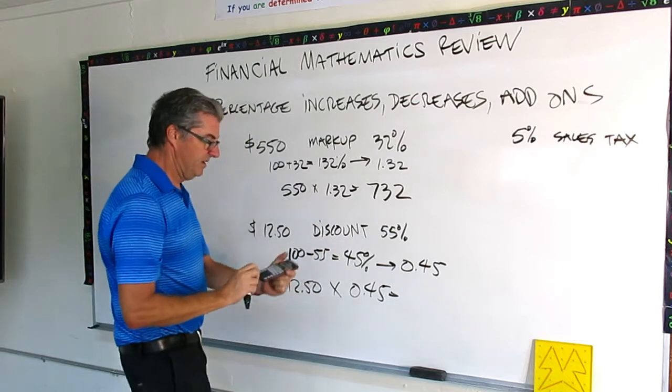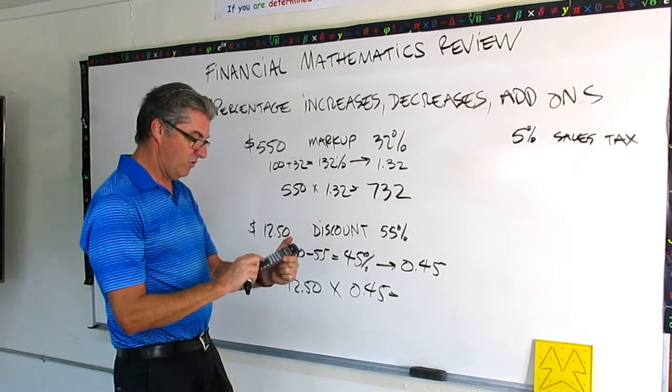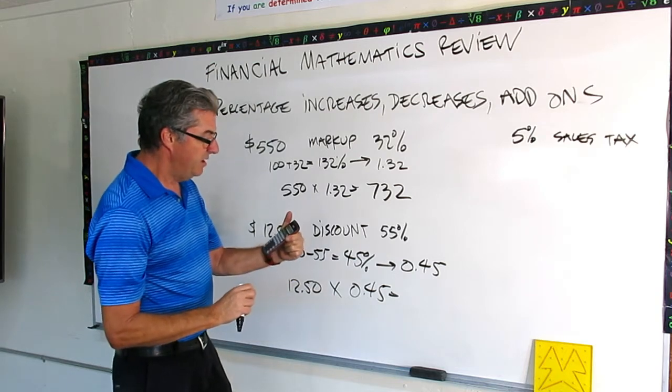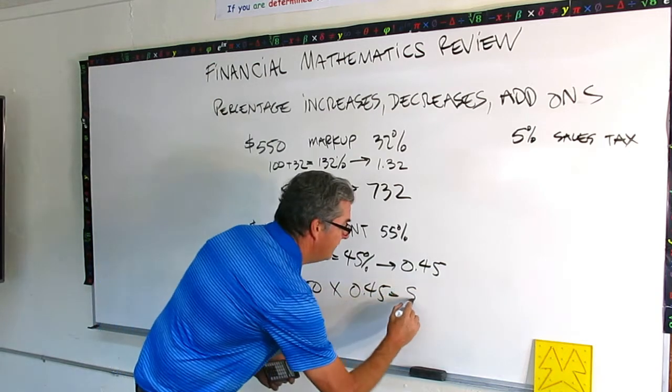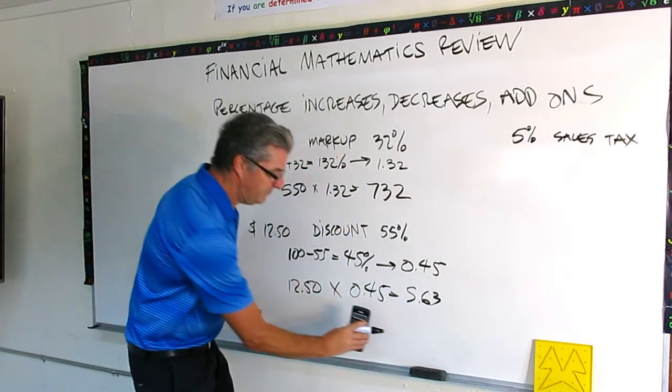Just take out the calculator, 12.50 times 0.45. That gets us $5.63. So that's the discounted price.